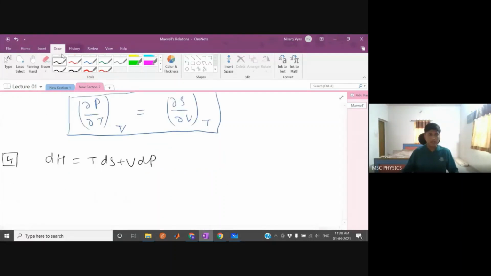Now can anybody else help me with this equation, how to write the Maxwell's relation? Anybody help me?